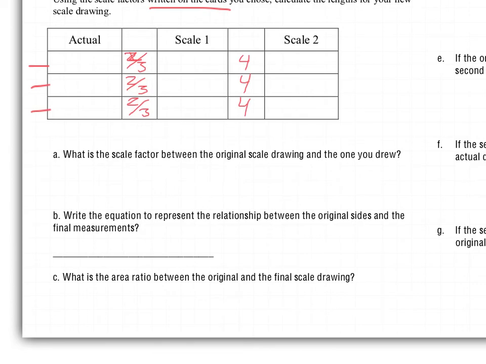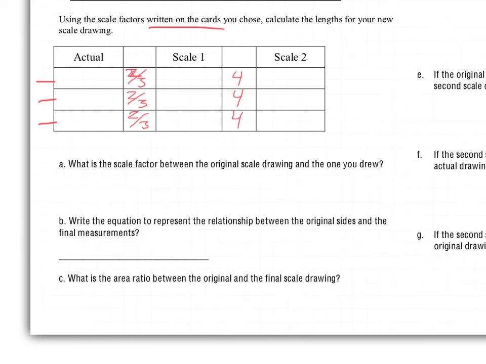Okay, so what is the scale factor between the original drawing and the one you drew? You didn't actually draw it, but we have the scale factor. We could calculate it without having to actually find the values. It would be 2/3 times 4, and that's going to give me a scale factor of 8/3 from the original, which means it is still going to be an enlargement because it is greater than 1, despite the fact that it's first a reduction.